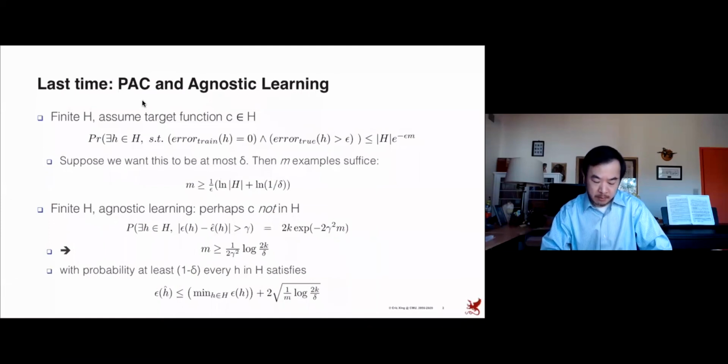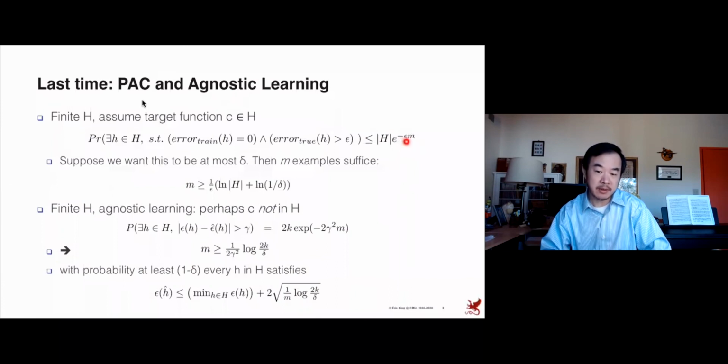And then we proved a theorem which says that the probability of having at least one trained hypothesis that has zero error on training, but still has a true error greater than epsilon, is going to be very small, right? The bound is defined by the size of the hypothesis space and also some exponential that is negative in the number of samples.